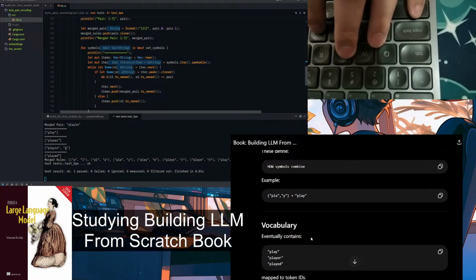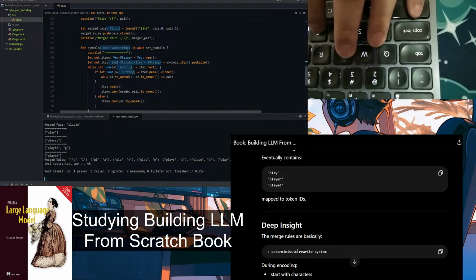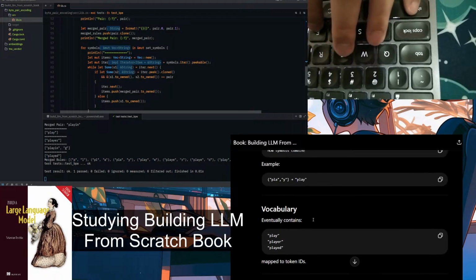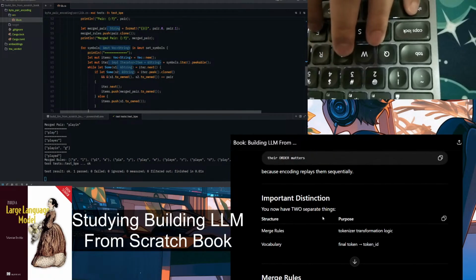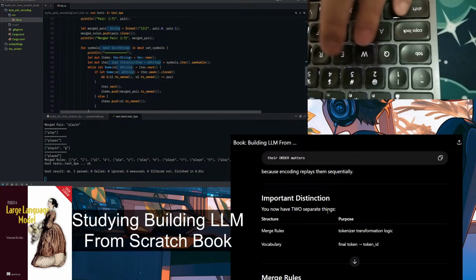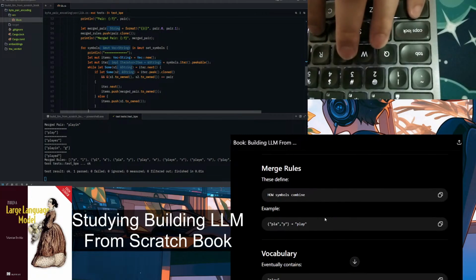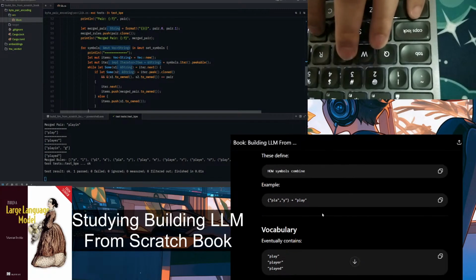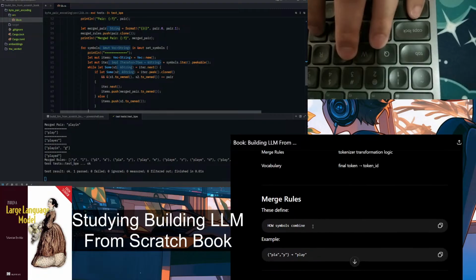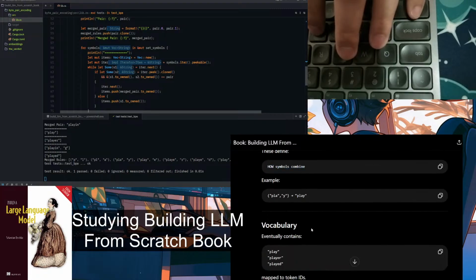Most likely my progress in the book will be kind of slow. In the book, this is one page only, so if I do it in Python, I think it would just take me 1 or 2 hours to finish that one page. But since I did this in this way, it's taking me a while to finish it.